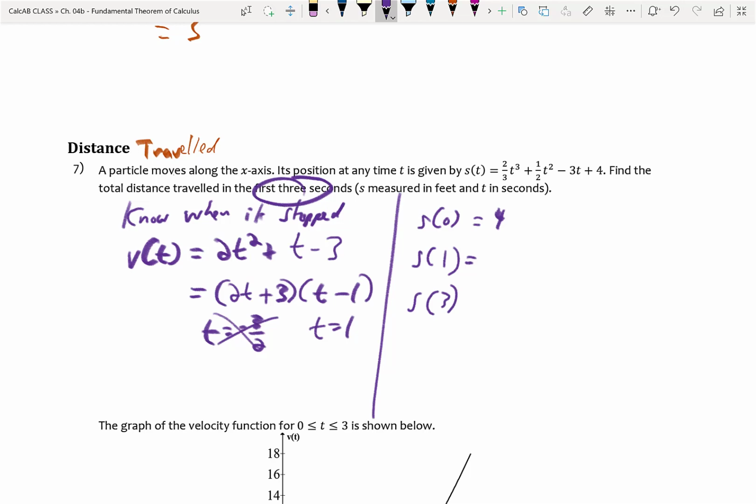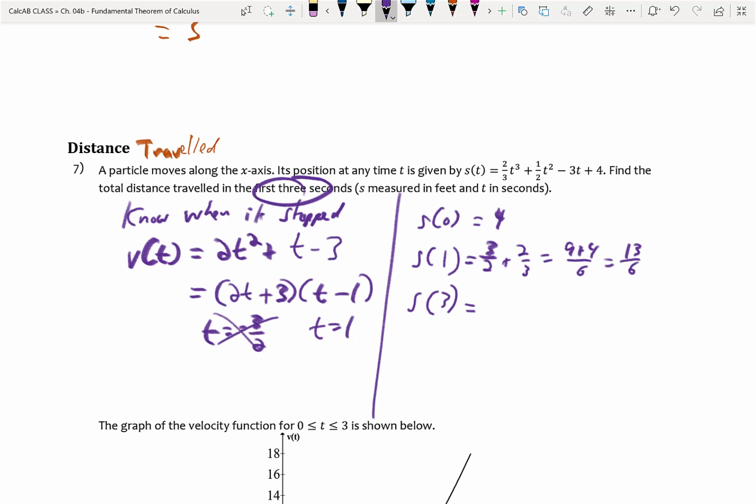I'd go right to left on that one. 1 plus a half is 3 halves, plus 2/3. Let's write it down instead of trying to do this whole thing in our head. 3 halves plus 2/3 is 9 plus 4 over 6, or 13/6.